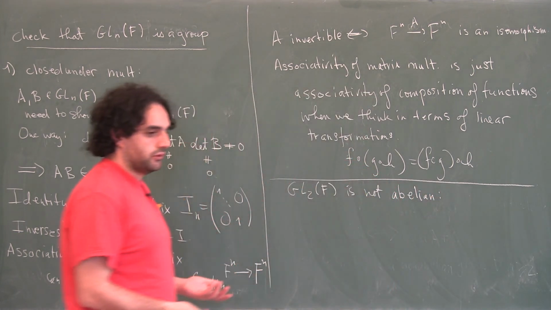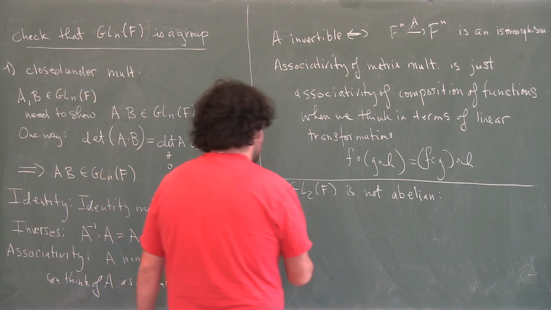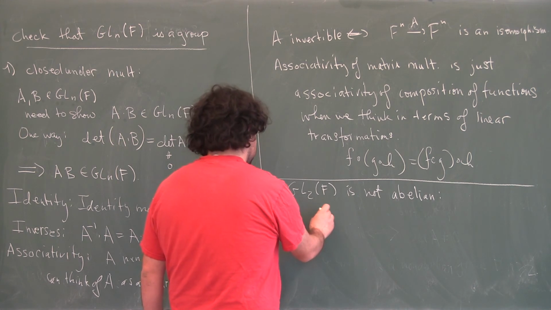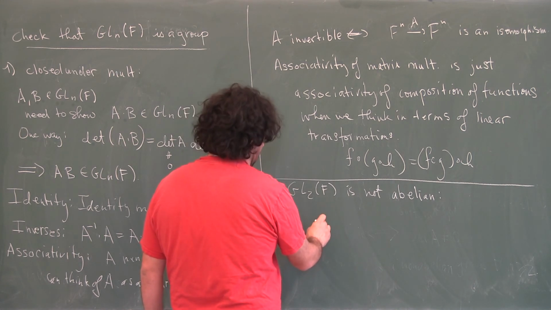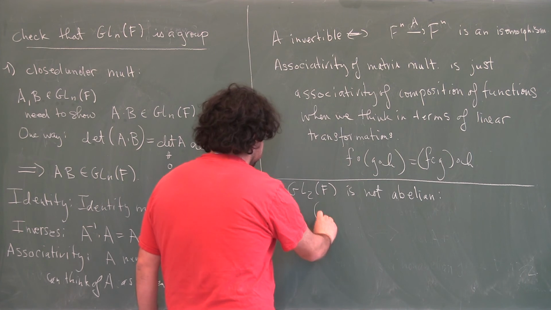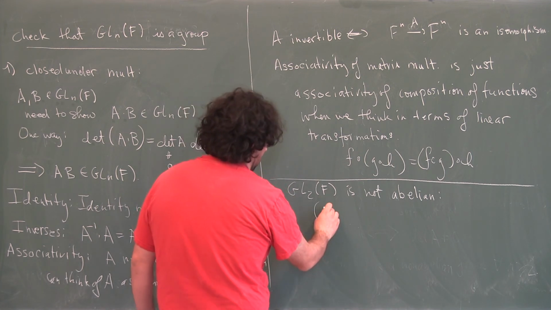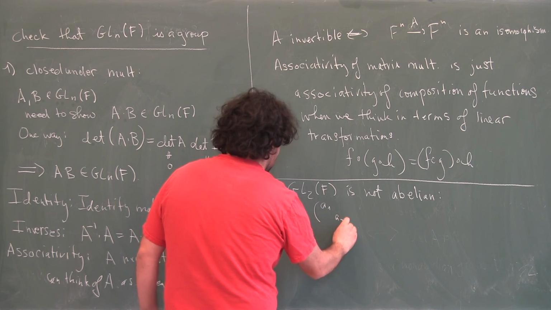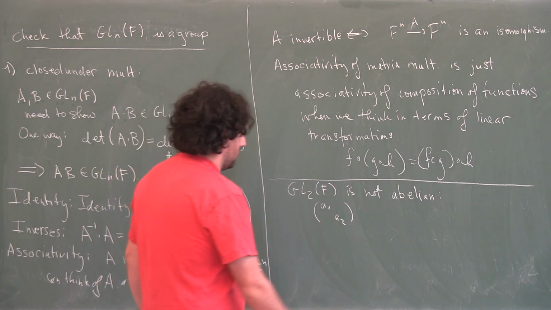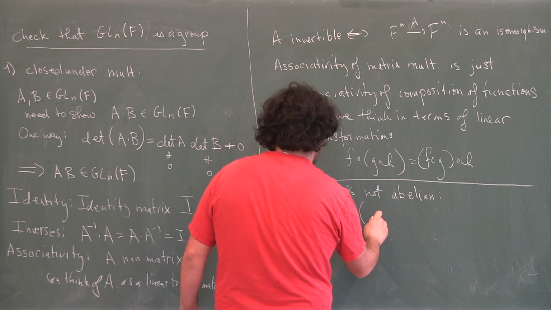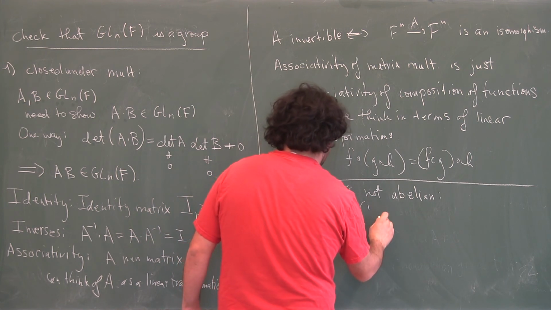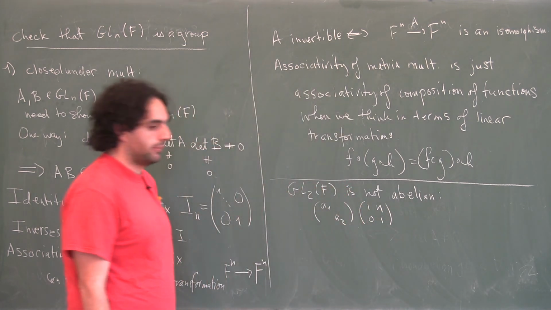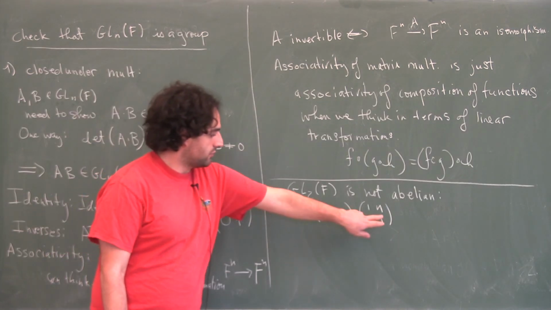So we need to find two 2 by 2 matrices that do not commute with each other. So we could take, for example, a diagonal matrix A1, A2, and I multiply it by this upper triangular matrix 1, n, 0, 1. So I multiply them in this direction first.